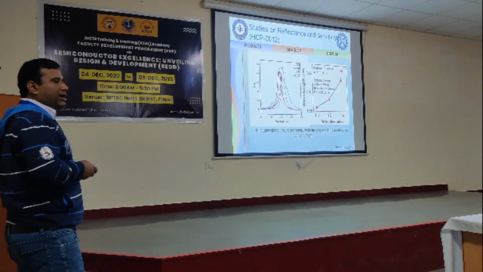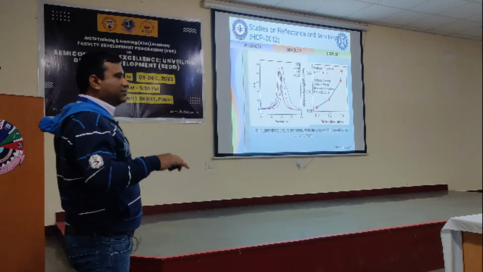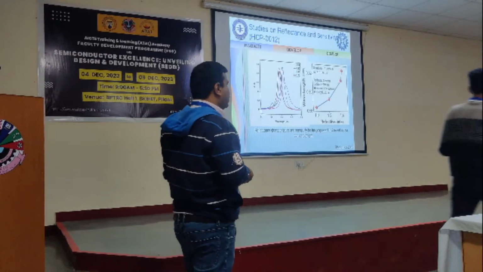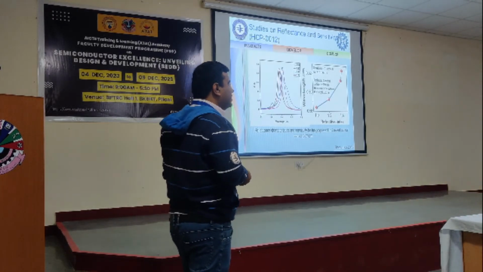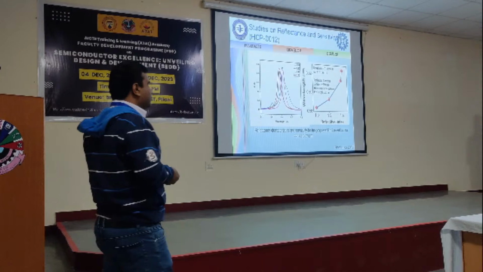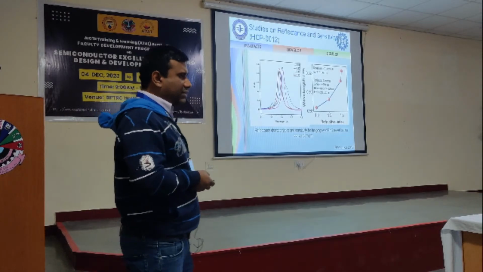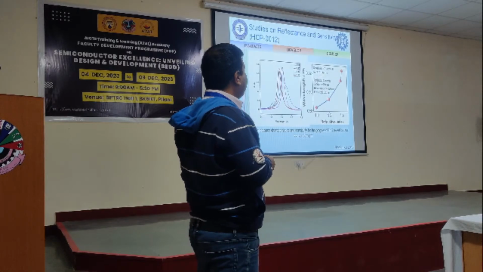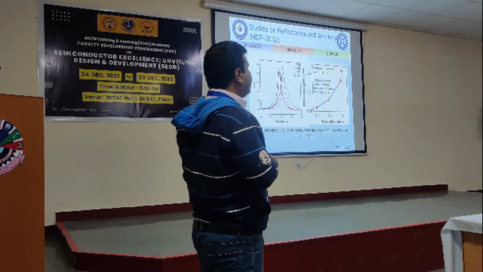The main idea is that whenever you are patterning the surface or applying some kind of analyte or biomolecules, a change in refractive index takes place on the surface. The surface refractive index will get changed, and that change in surface refractive index will lead to a wavelength shift.